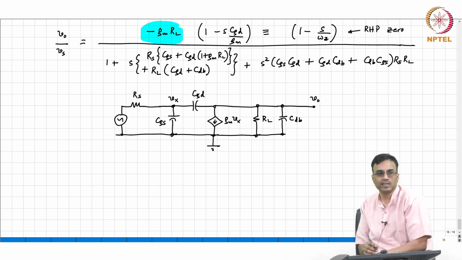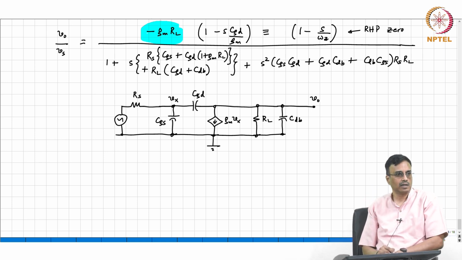So, is the right half plane zero problematic for stability? Ralph, what do you think? No. The zeros can be anywhere in the S plane, and therefore it is basically not a problem.